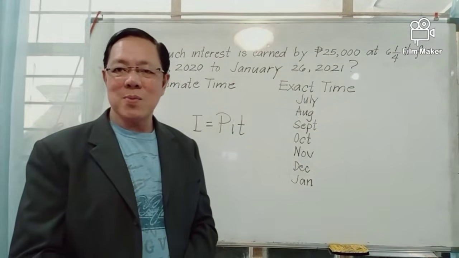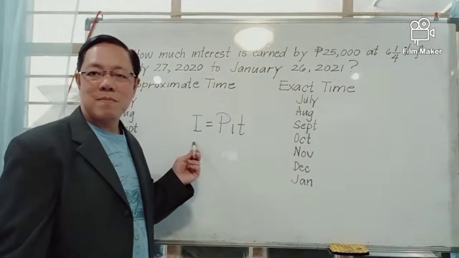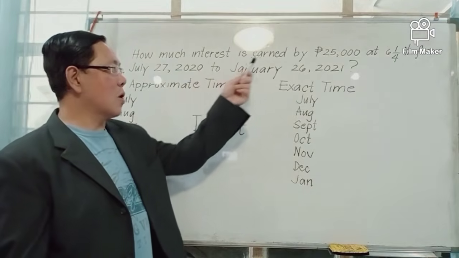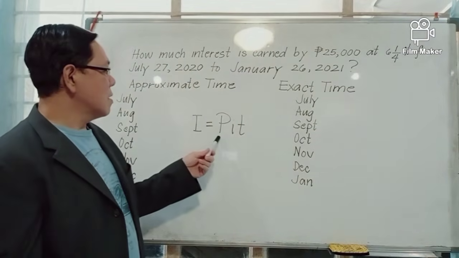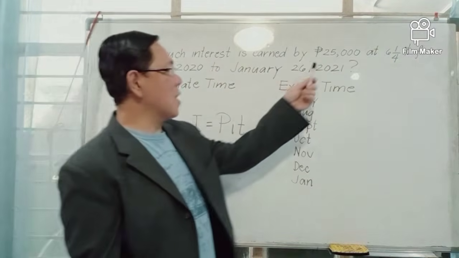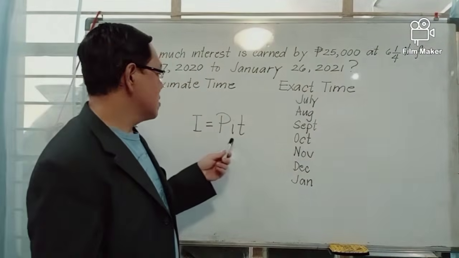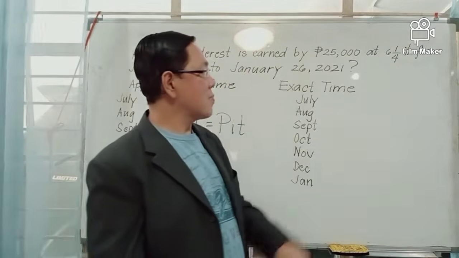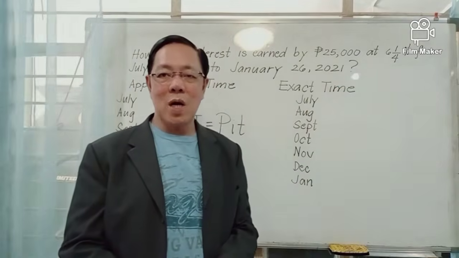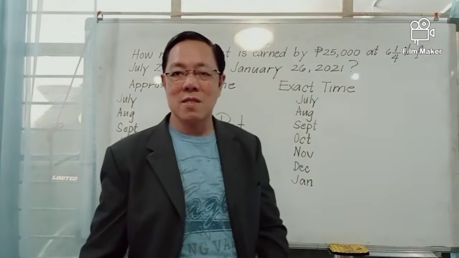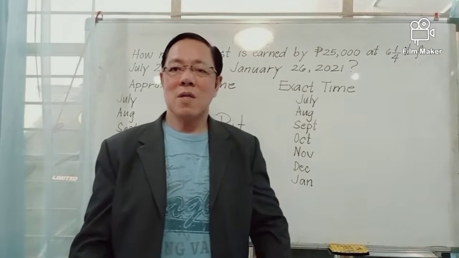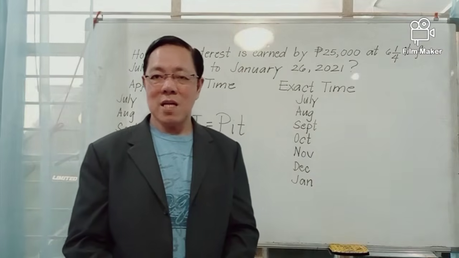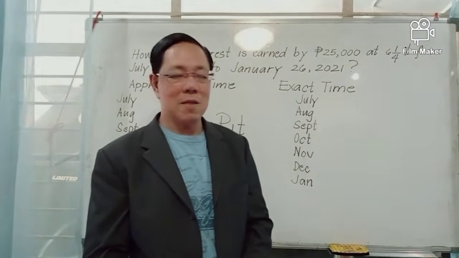What we are required in this problem is to find the value of capital I, the amount of interest or the interest earned for the principal of 25,000 pesos. The interest rate is 6 1/4%. Again, it is not specified in this problem whether 6 1/4% is a simple interest rate, but we said last time that unless otherwise specified, we take the given interest rate in any problem as simple interest rate.